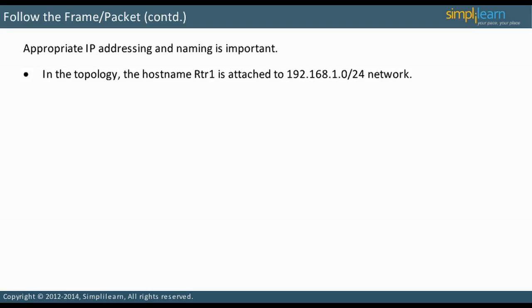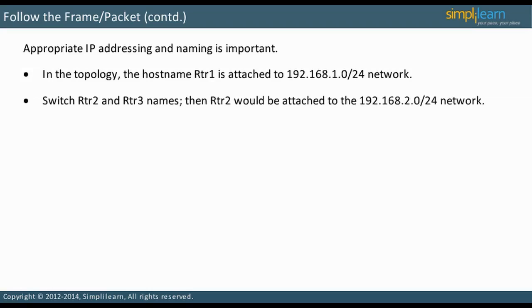This makes it easy to remember. For RTR2 and RTR3, this convention was not followed. A better scheme would be to switch the names of RTR2 and RTR3. Then RTR2 would be attached to the 192.168.2.0/24 network.